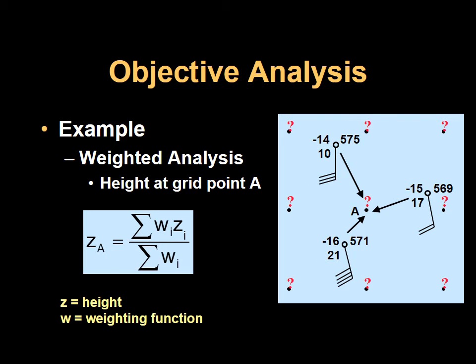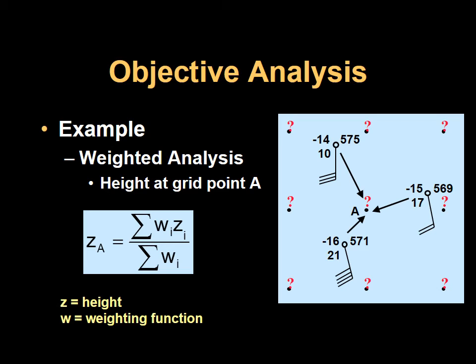So here's an example of a weighted analysis. In this diagram, you see that you've got different observations, 3 different locations. You see, for example, the height of this pressure surface.